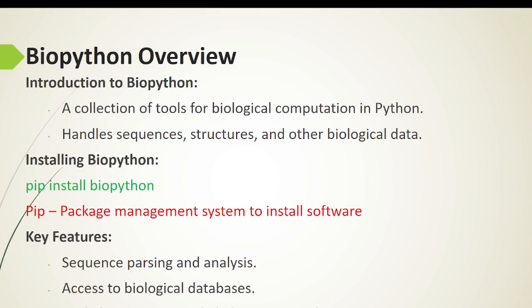And let's talk about BioPython. BioPython is an important module in the Python programming language. It is used for sequence analysis. Simply, we can read the sequence with that, we can write the sequence, or we can analyze the sequence, for example, multiple sequence alignment, or constructing a phylogenetic tree. A lot of things are involved in BioPython.